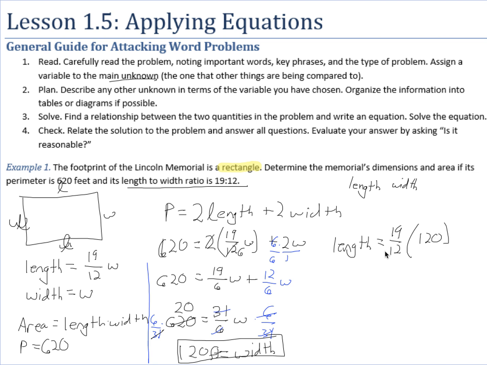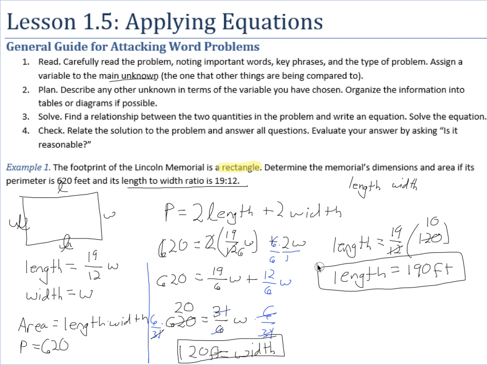Again, works out nicely. 12 and 120 reduce to give 10. So the length is 19 times 10, so 190 feet. So we found our dimensions.